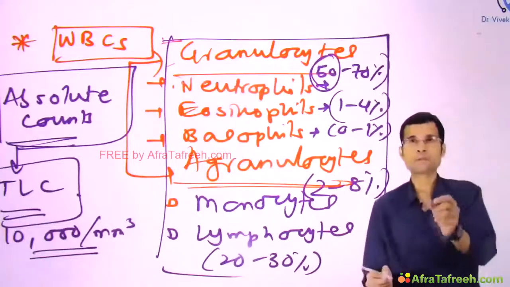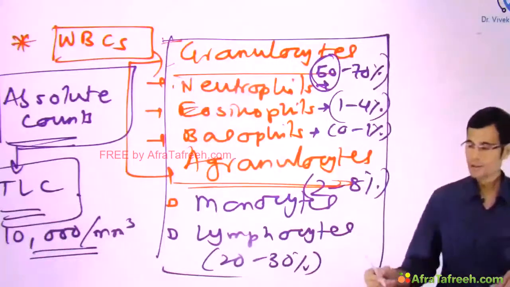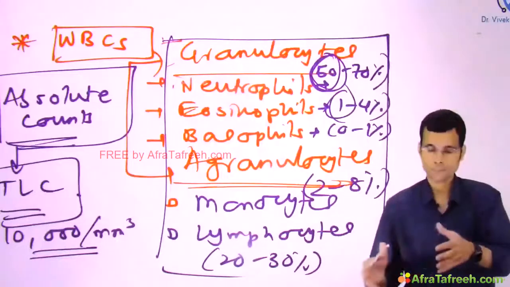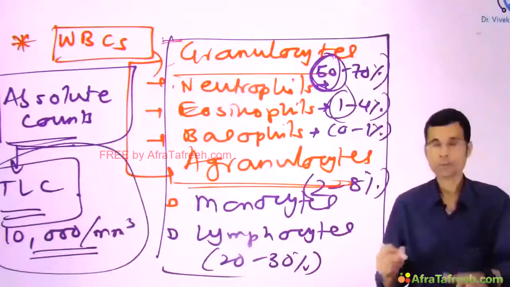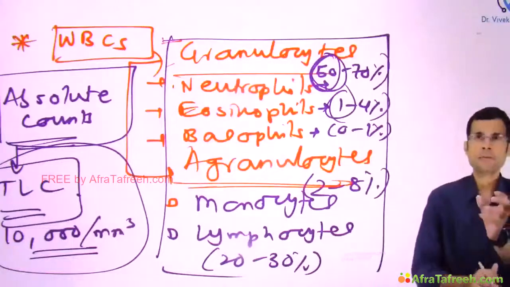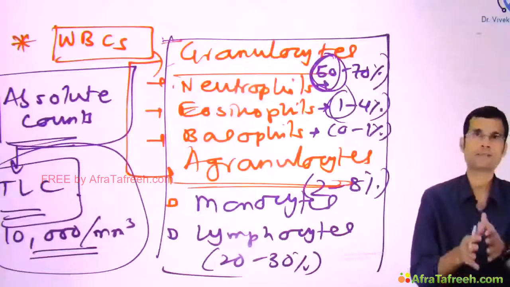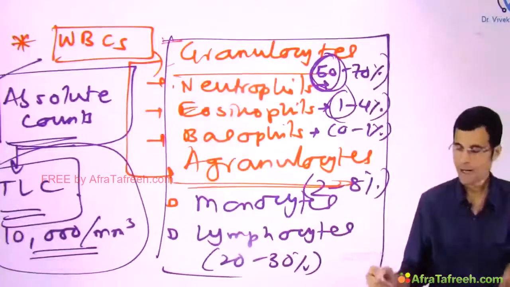So the absolute neutrophil count would be 5,000 per cubic millimeter. Whatever percentages we get on each cell, absolute counts are calculated from our total leukocyte count. And then we have a certain range, so we know whether the cell has actually decreased or it's within the range. That's the reason for calculation of absolute counts.